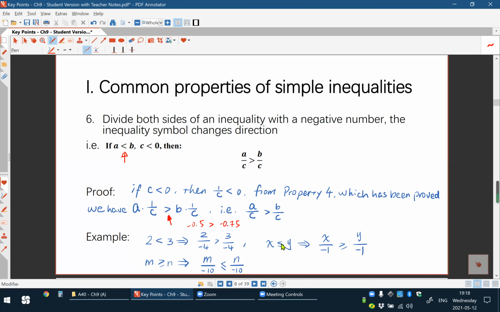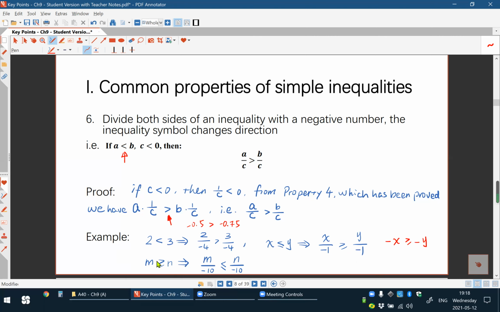Next, if we know that x is smaller than or equal to y, and we divide both sides by -1, we will get x over -1 is greater than or equal to y over -1, which is -x is greater than or equal to -y, right?